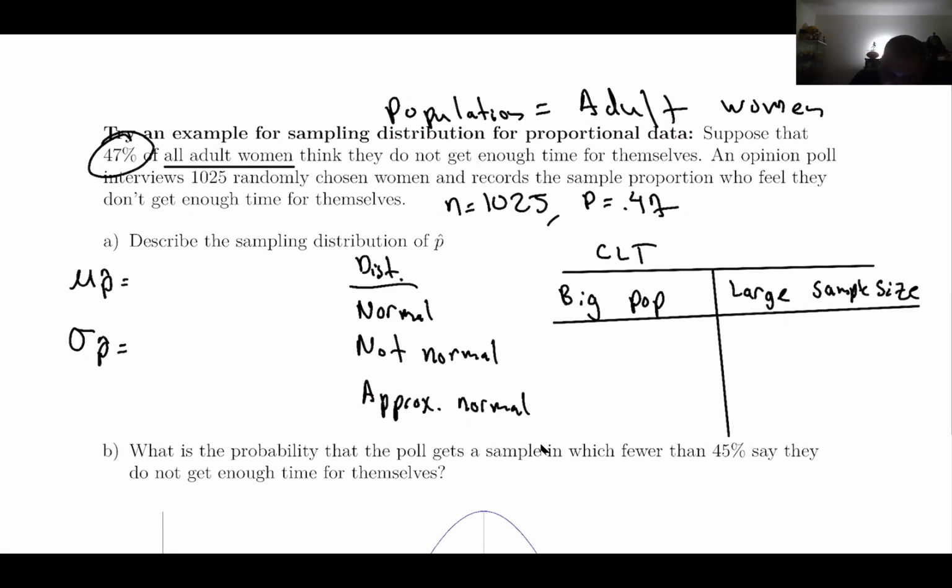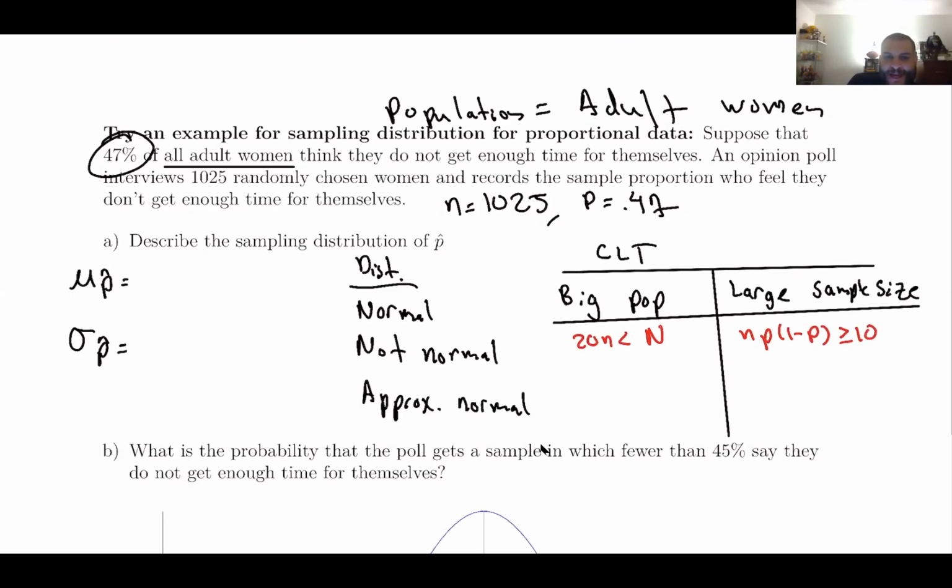Just remember the formulas for these: 20 times n has to be smaller than capital N. And large sample size is n times p times 1 minus p is greater than or equal to 10.